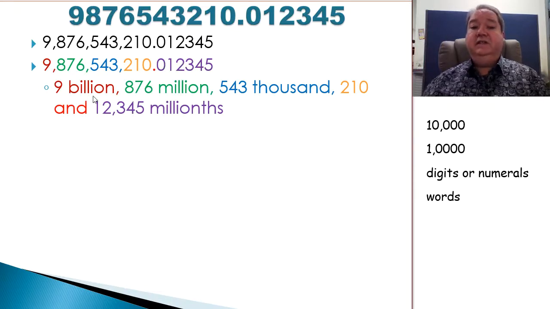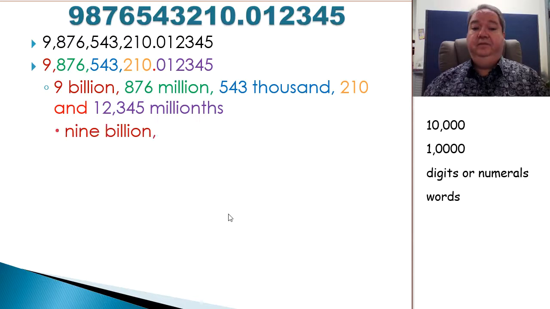Now, obviously, this is a mix of digits, numbers, and words. If we want to write it only in words, and I will ask you to do that on quizzes or exams, I will have you take a number like this, and I will tell you to write it in words. So this is what you'll need to do.